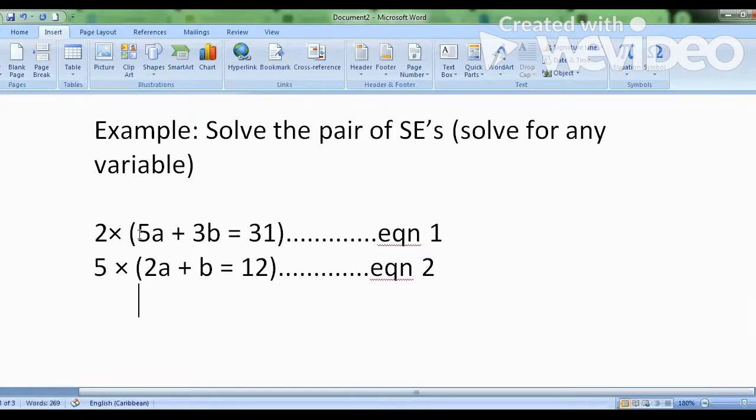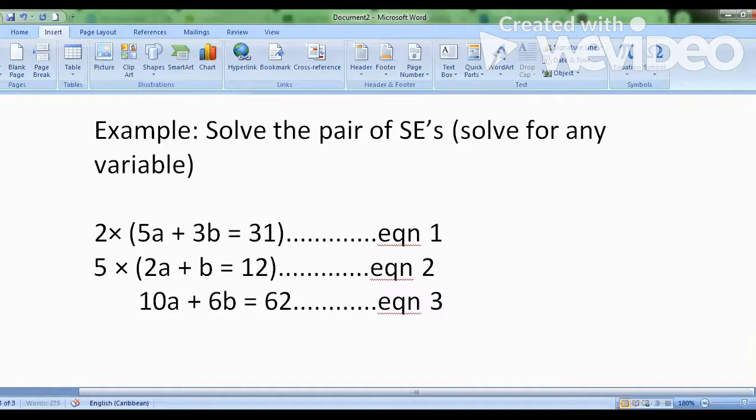Right now, I'm going to use the distributive law. So it's 2 times everything inside. This is going to be 10A, 6B, 62. And this is called equation 3.